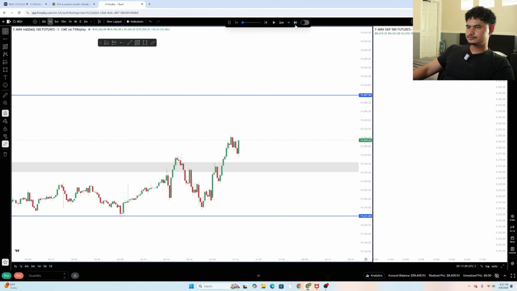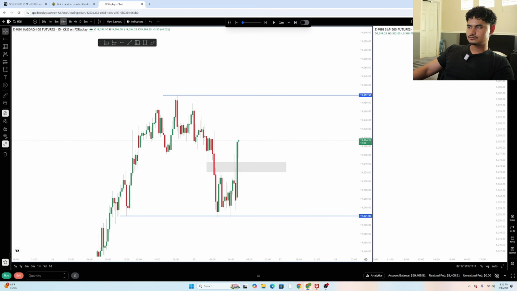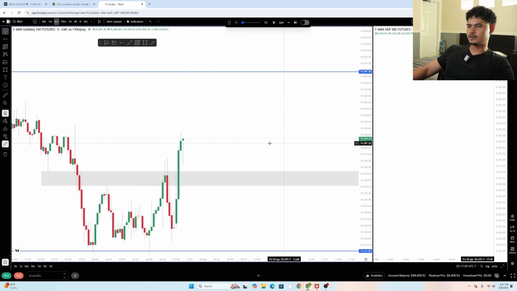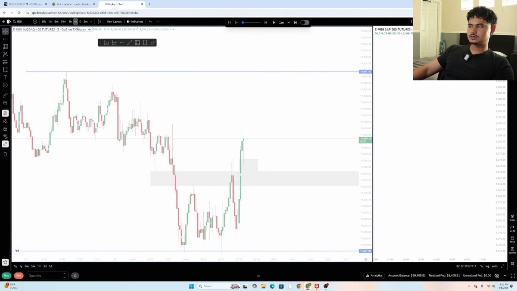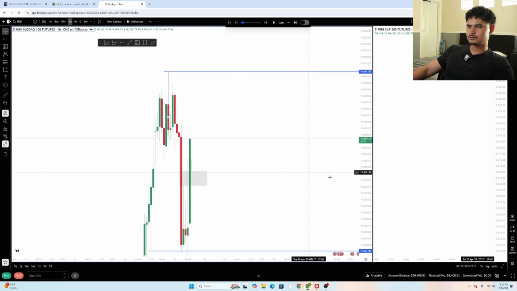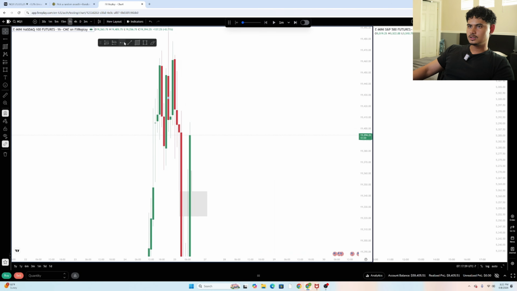Going higher. Tap to a 5 minute gap right here. Let's see. Okay, this is a nice high right here.